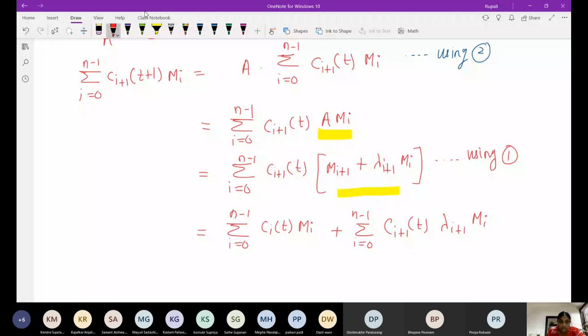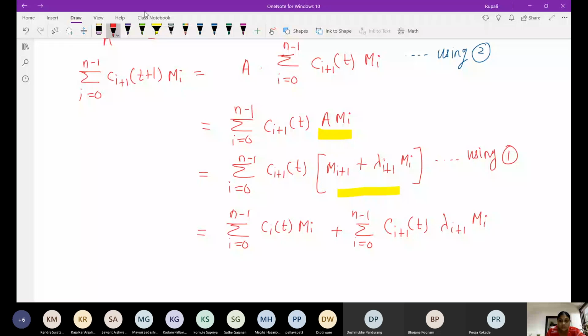First sum is summation i is equal to 0 to n minus 1 ci plus 1 of t mi plus 1, plus the second term as it is, i is equal to 0 to n minus 1. Second term we are not changing.